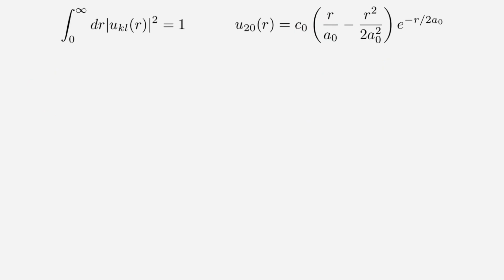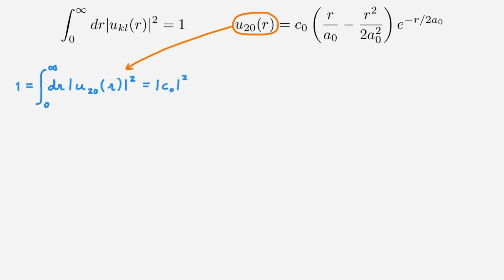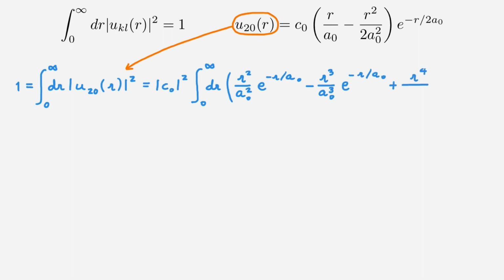We again determine C0 by normalizing the function u, and we have this normalization integral. Inserting the expression for u20 into the normalization condition, we first get the absolute value squared of C0, and then the integral has three terms in the integrand arising from the square of the polynomial featuring in u20.